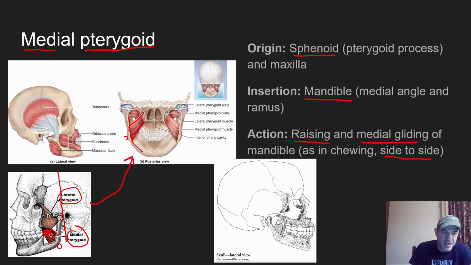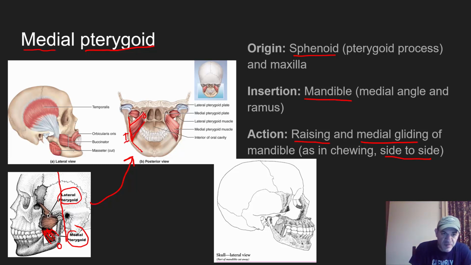So we're on the left side of the mandible, with the lateral being the outside and the medial the inside part. It attaches there on the inside where the angle and the ramus are, and this is the insertion area. The origin is up over here where the sphenoid is.